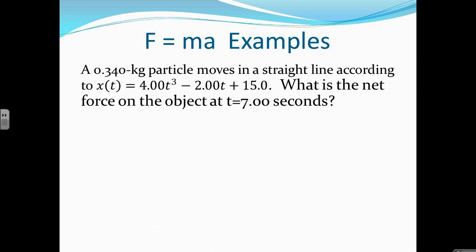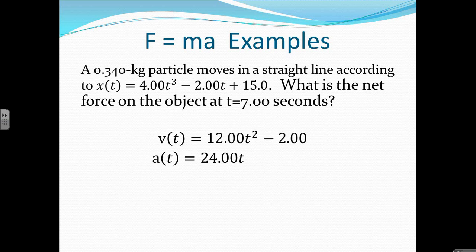And acceleration is the second derivative of position. So we'll take the first derivative and find that velocity as a function of time equals 12t squared minus 2. 12t squared is the derivative of 4t cubed, and the derivative of 2t is 2. We can take the derivative of this function to find acceleration, and that acceleration is 24t.